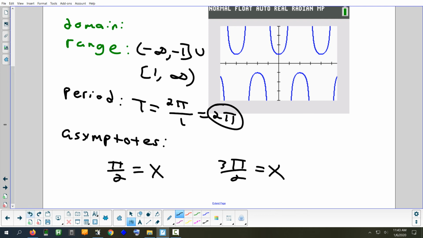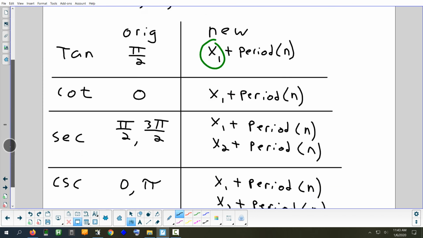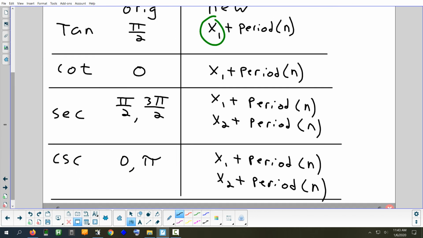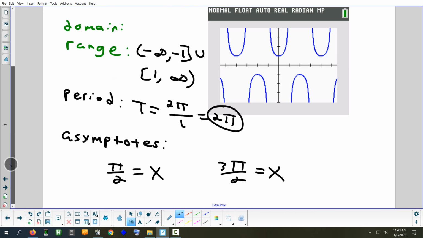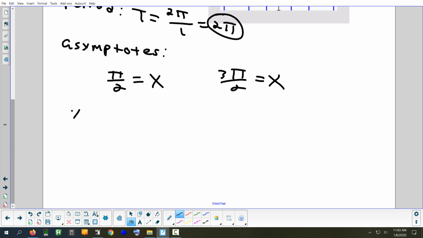But in this case, there was no number with x, so that's it. You have found these two things. They're the same as the original. There's no transformations happening in this problem. So x1 is pi over 2. x2 is 3 pi over 2.